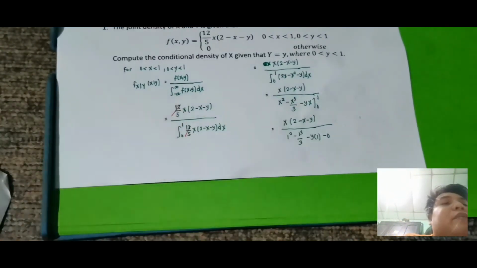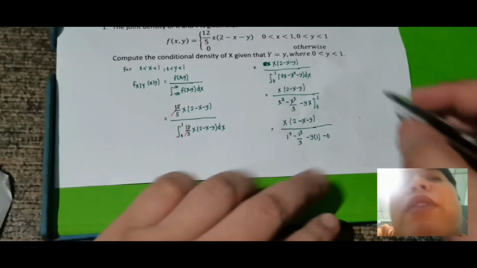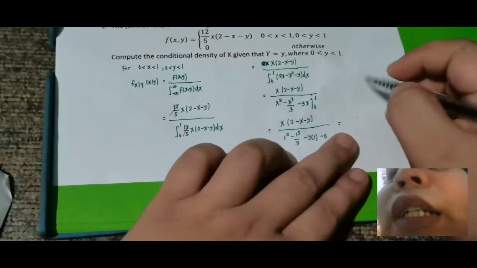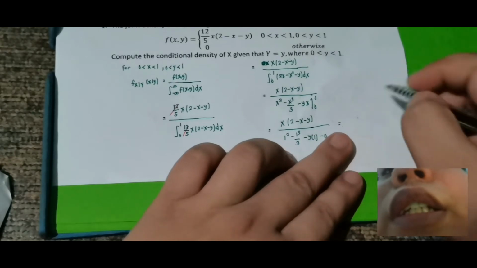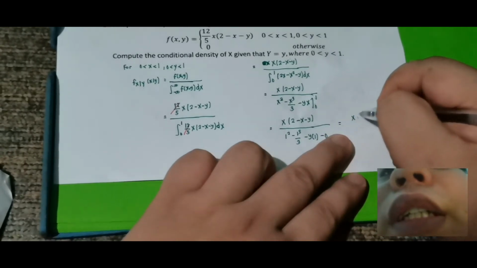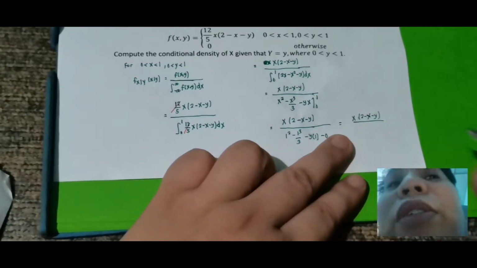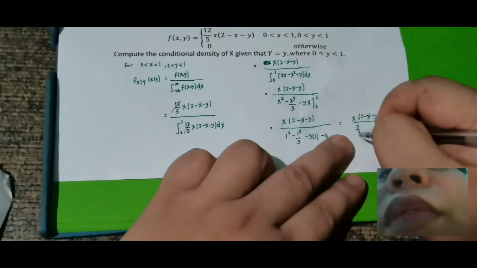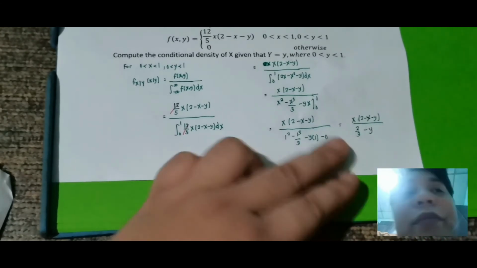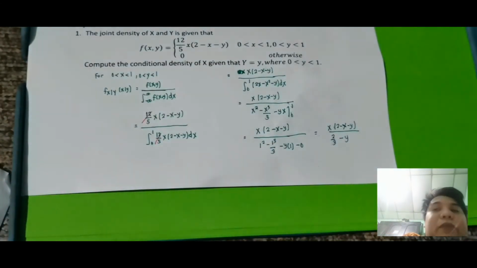Kasi 0 lang lahat yan eh. Okay, next is just, this is just equal sa x. So, I guess this is just x times 2 minus x minus y all over 1 minus 1/3 is 2/3 minus y.